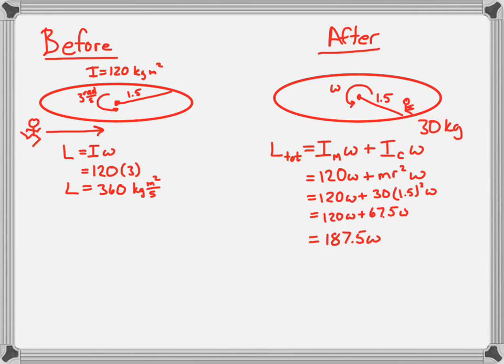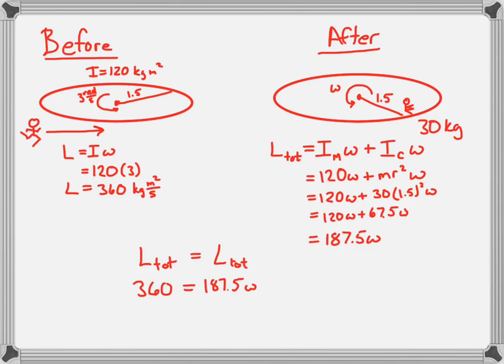So, when I say L total equals L total, that tells me the 360 from before equals 187.5 times omega.